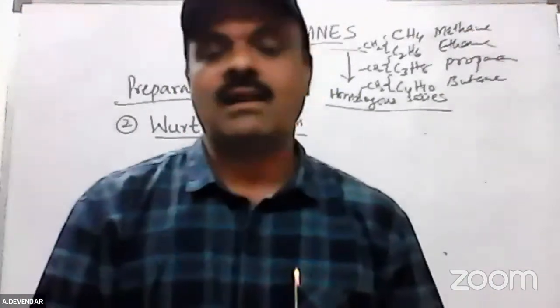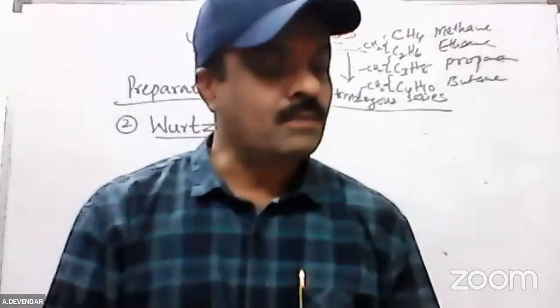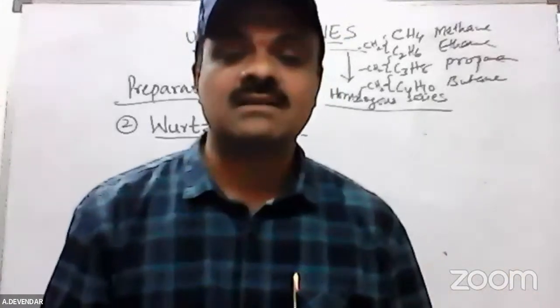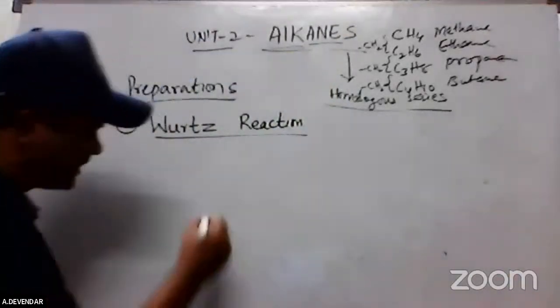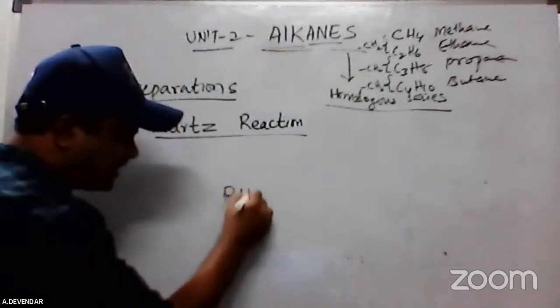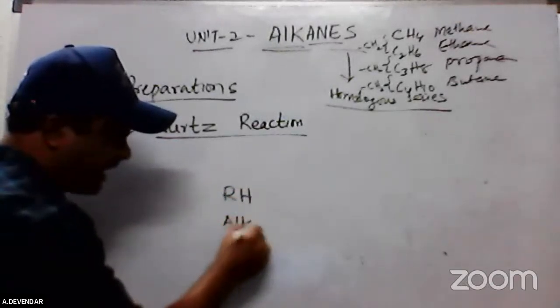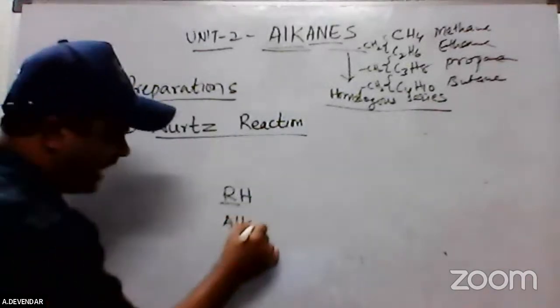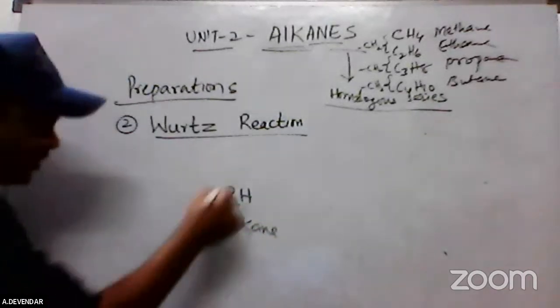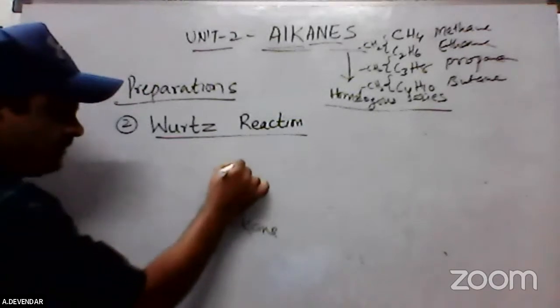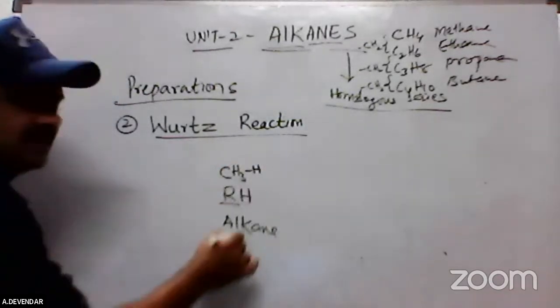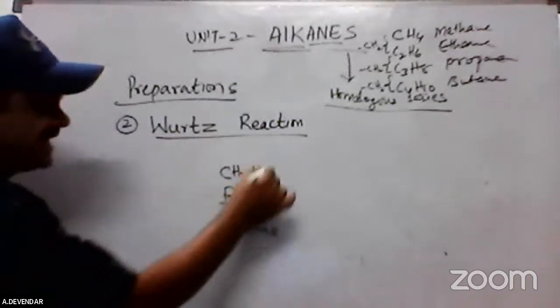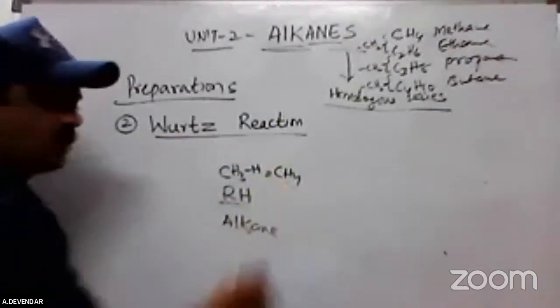When alkyl halide, again the problem is what is alkyl halide? See, I will give an example. This RH is called alkane. Alk means R, H means ane, alkane. Okay, friends. In this case, you are using methyl hydrogen, that is methane, CH4.